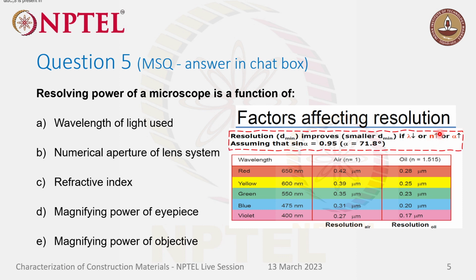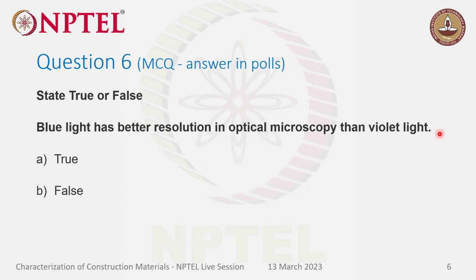So the correct answer will be the wavelength of the light used and the numerical aperture of the lens system. Some of you have given A, B, and C, I guess. So the correct answer is option A and option B. So now let's move to question 6.